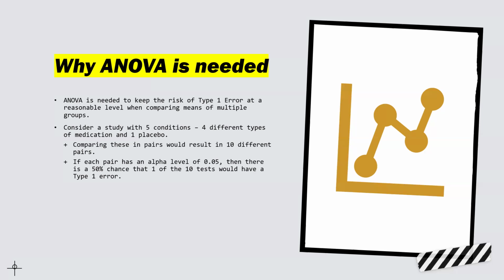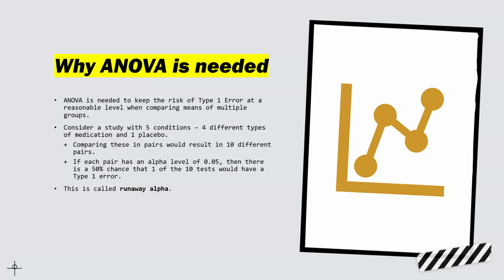Notice that's a really, really big chance of having a type 1 error. And this is what's called a runaway alpha, because I have so many tests. As you have several different tests all running together, it increases the probability of a type 1 error. So we don't want to do that.